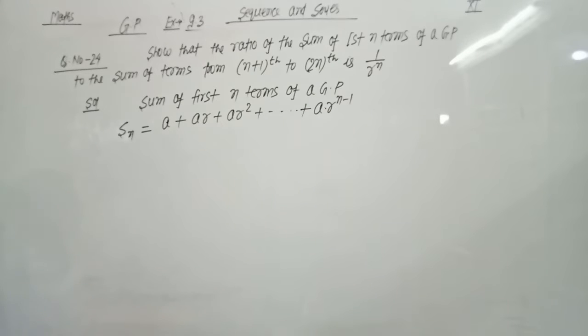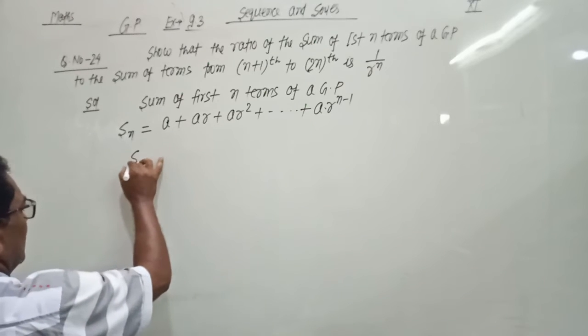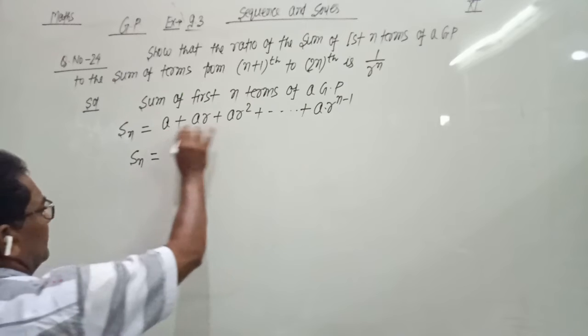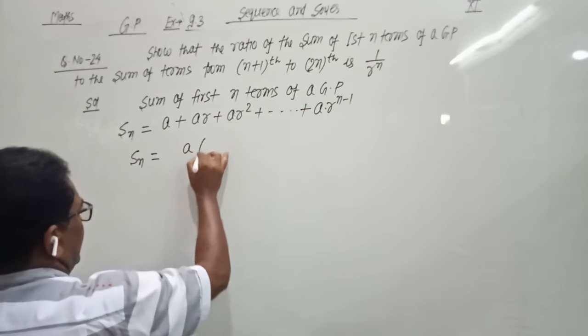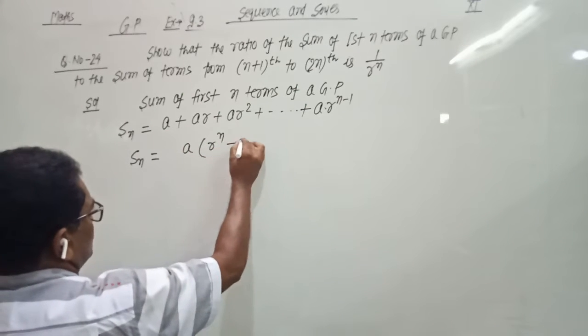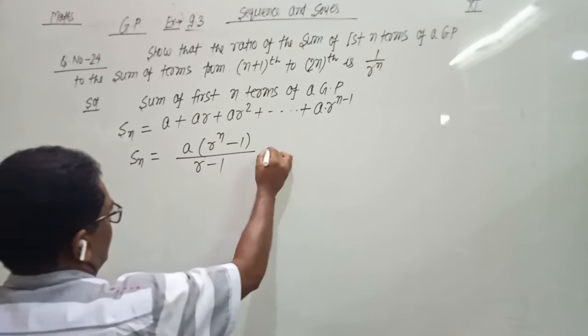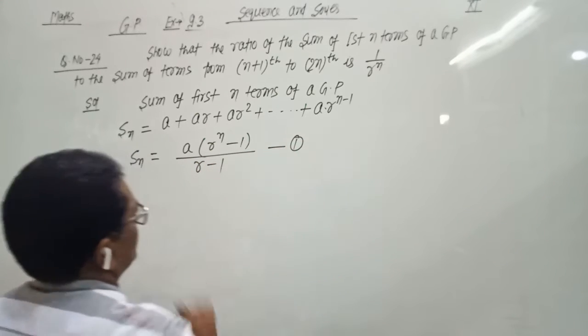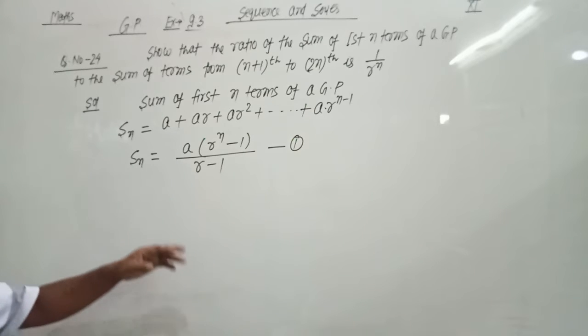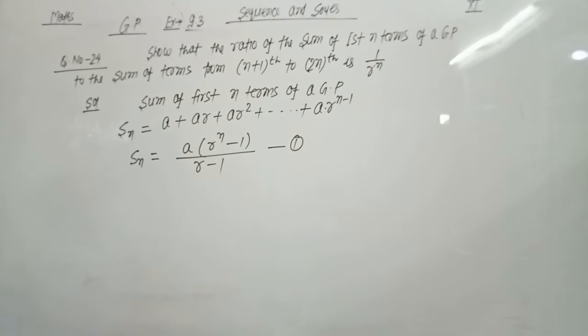Here the first term is a, the common ratio is r. So the formula for sum of first n terms is a into r raised to the power n minus 1 upon r minus 1. This is the formula for the sum of first n terms of a GP.